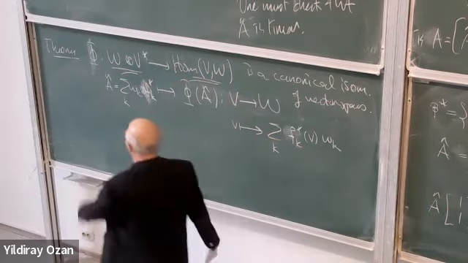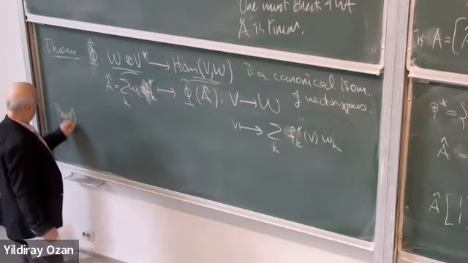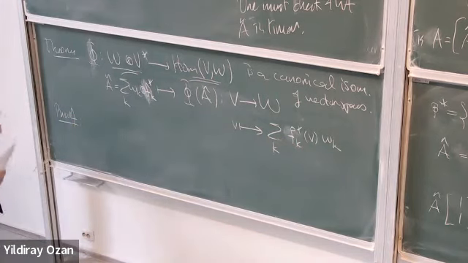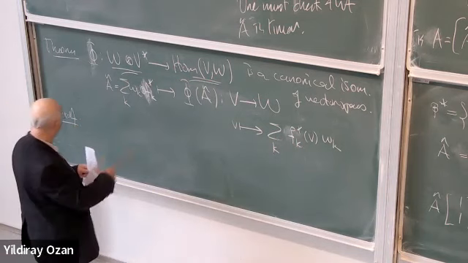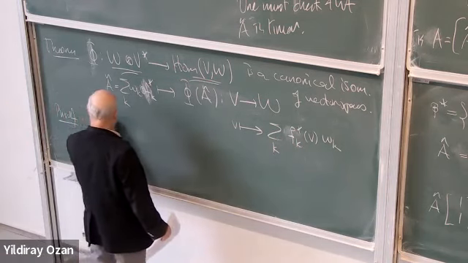I need to prove that this map is linear, and that it is also an isomorphism. In other words, it has an inverse, or it is one-to-one and onto, right? So one must prove that it is linear.